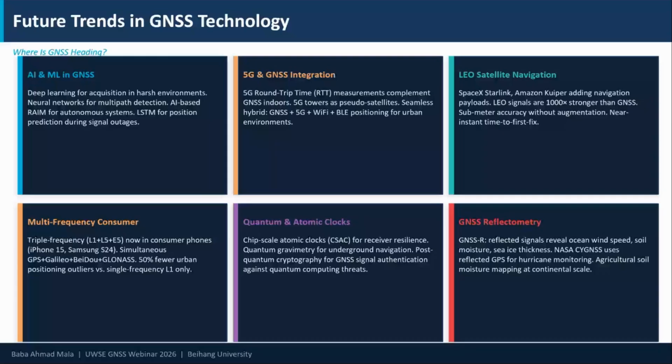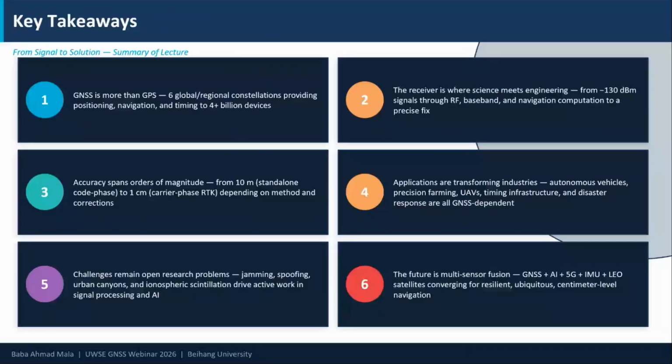Next, we are going to talk about the summary of our lecture, what we could take away from it. As we come to a close, we started by expanding our view of GNSS from just GPS to a rich ecosystem of global constellations serving billions of devices. We have billions of mobile phones serving the global market, and then the receiver's role and capabilities.